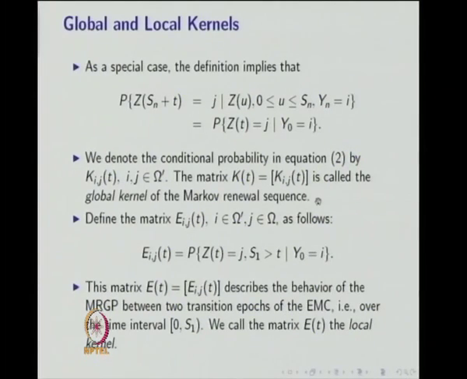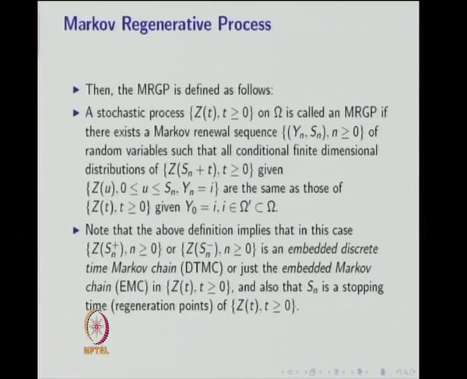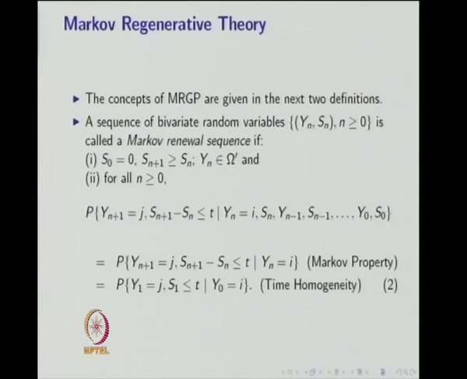We denote the conditional probability in equation 2 by K_ij(t). Equation 2 is the conditional distribution of Y(n+1) equal to j with the difference of regeneration times less than or equal to t. Because of the Markov property and the time homogeneous property, this is the probability of Y1 equal to j, S1 less than or equal to t, given Y0 equal to i.